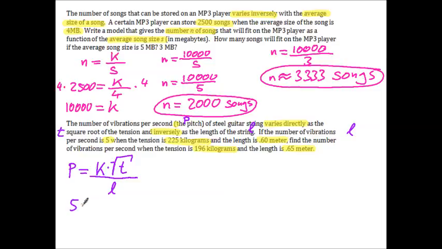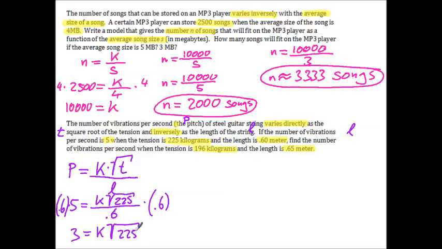So the pitch is 5 when the tension is 225 kilograms, so the square root of 225, and that's divided by 0.6, which is the length of our string. Here's our equation. Now first, let's go ahead and multiply both sides by 0.6, and we get 3 is equal to k times the square root of 225.